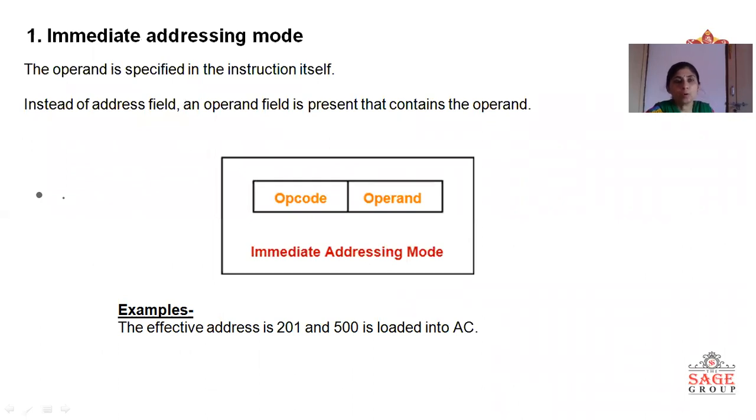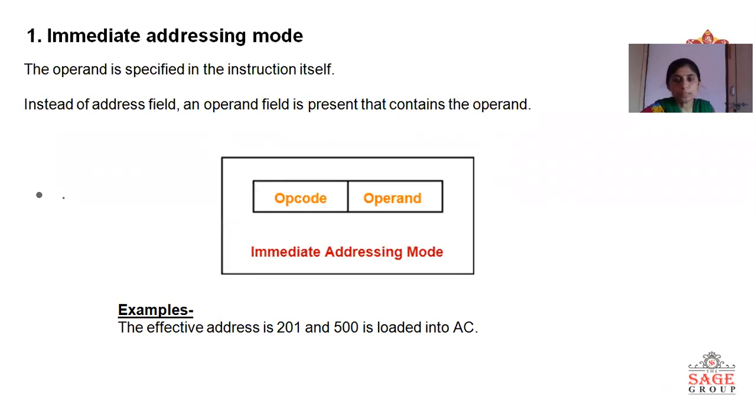The first type is immediate addressing mode. The operand is specified in the instruction itself, which means there is no effective address in case of immediate addressing mode. There is only opcode and operand, in the absence of an effective address.